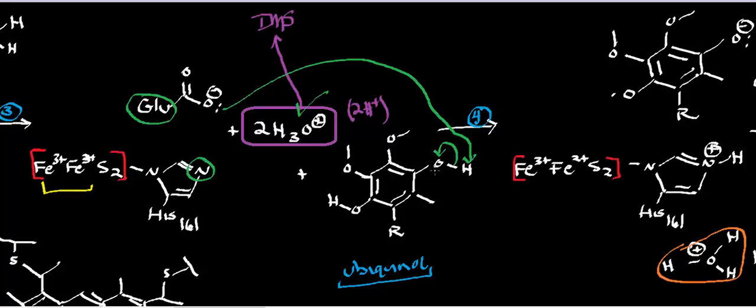And then this Schiff base nitrogen on the histidine is going to deprotonate this oxygen, and just like in the last case, I'll do this in yellow, you're going to get a homolytic bond cleavage. One of these electrons is going to end up on that oxygen. The other is going to reduce the Rieske iron sulfur center iron into the 2+ state.